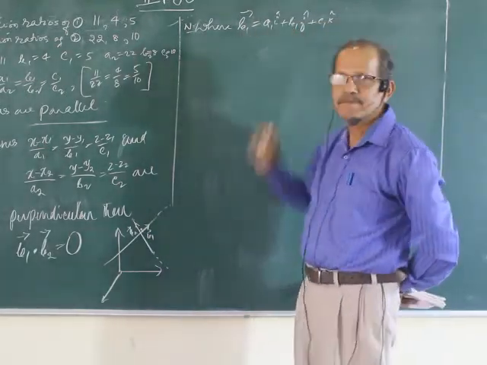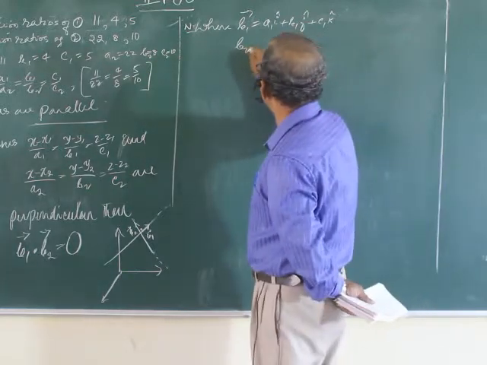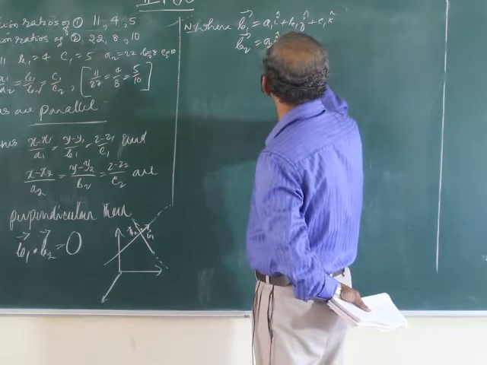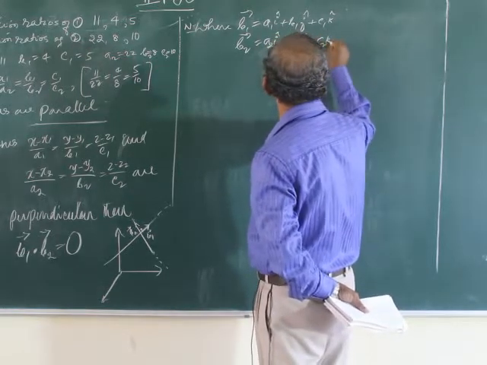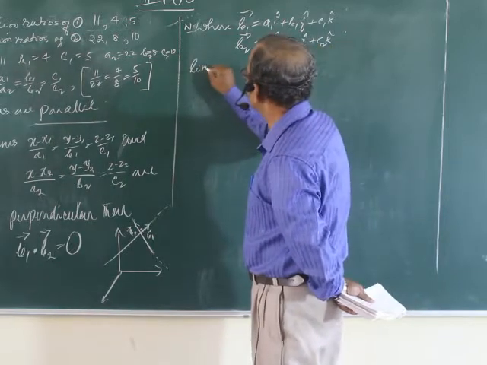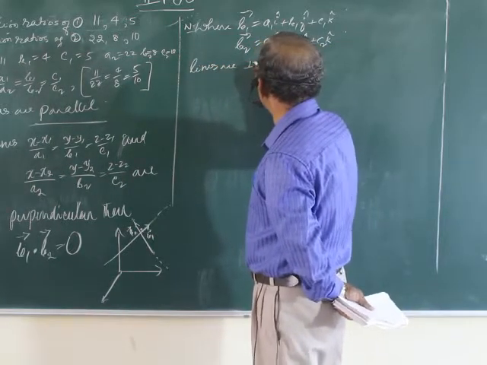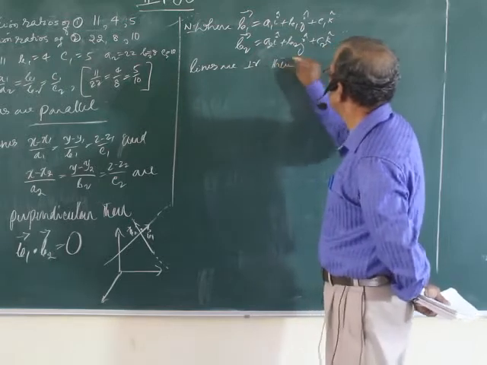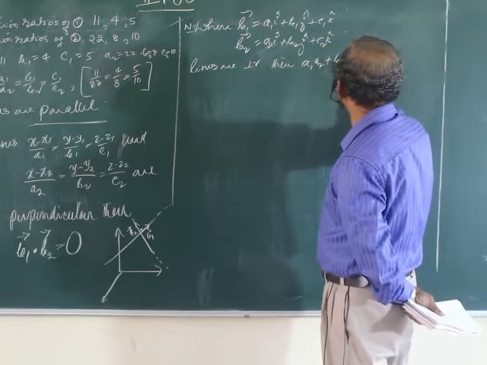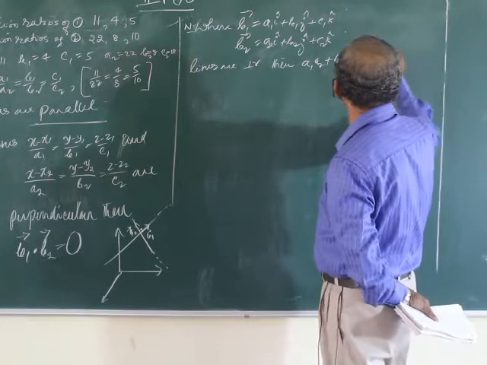This is a vector. B2 is A2 i, B2 j, C2 k. If lines are perpendicular, then A1 A2 plus B1 B2 plus C1 C2 equals 0.